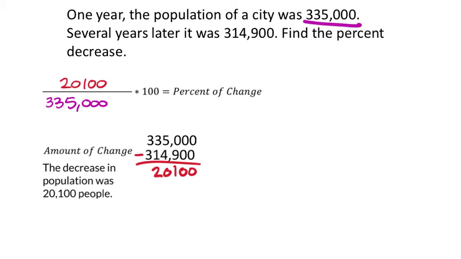So there it is in our formula. This will help us to find the percent of change. I got 20,100 divided by 335,000, and I'll just multiply that by 100. Okay, my calculator just came out with 6. That's a 6% decrease.